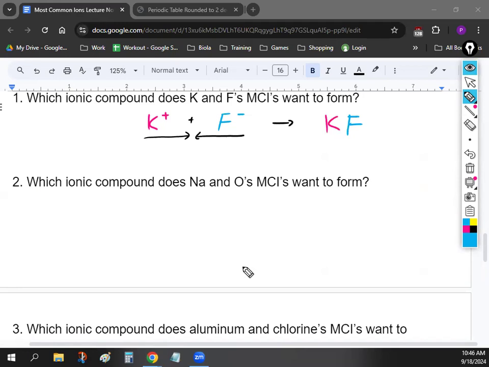Let's do one that's a little bit more difficult, but I think it's still pretty easy. On your papers, I want you guys to write down the MCIs for Na and O. So for number 2, go to your periodic table, find Na and O, and write down their MCIs.